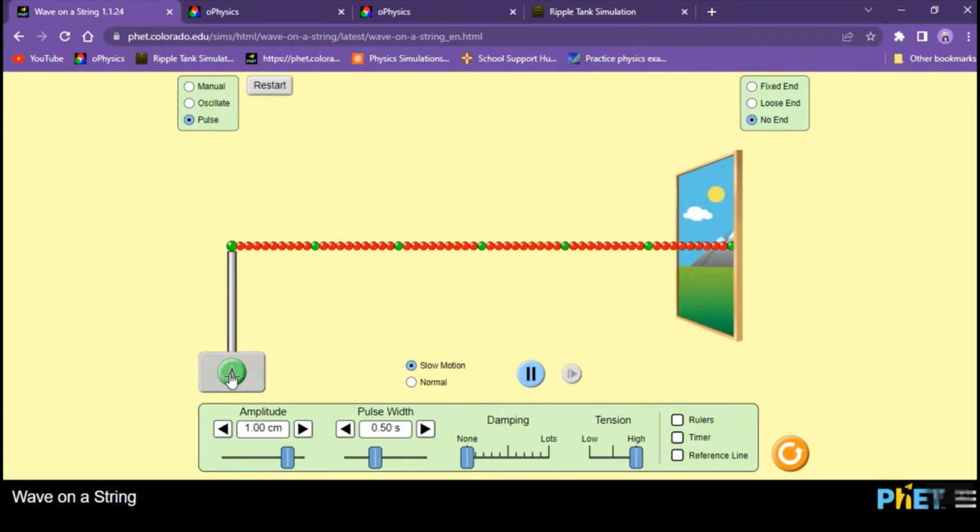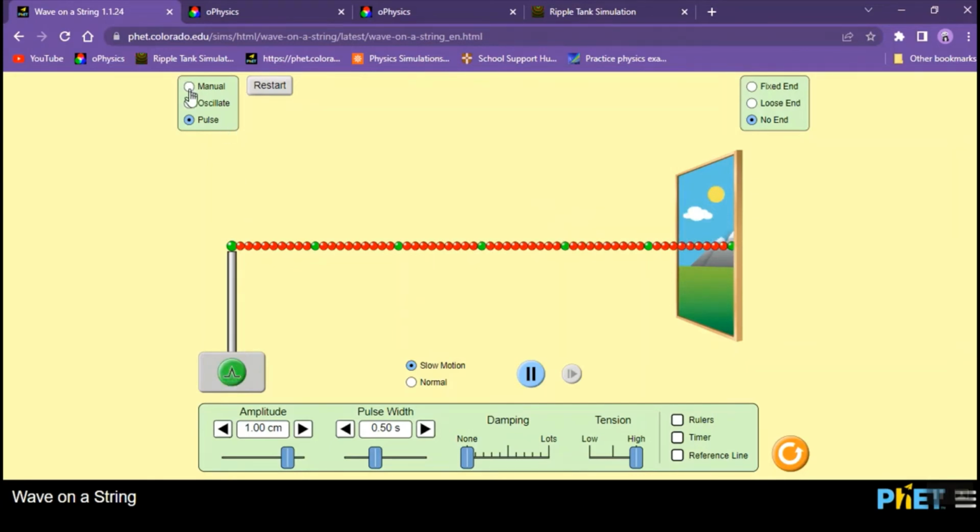I make a disturbance and I transfer energy, and that energy is carried along the medium as the particles pass the energy on from one particle to another. So this is called a pulse. This is a single disturbance of the medium. Then what we are transferring in the medium is energy. So by making this pulse, I'm using energy, and this energy is transferred from one particle to another.